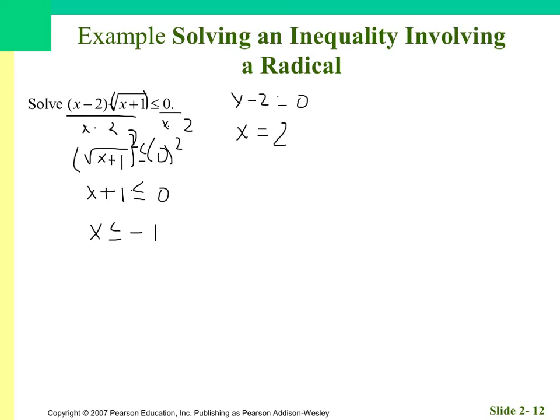Okay? So let's take a look at the graph to see where it goes between negative 1 and 2. Because we know we have to be greater than or equal to negative 1 at least. Oh, we want to stay less than or equal to 0 though. So where would they all be negative?